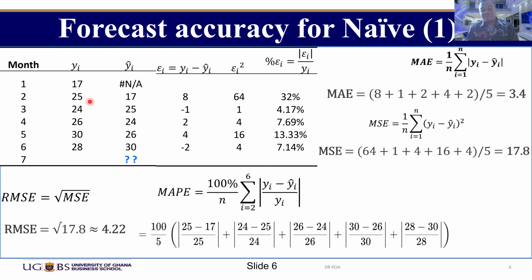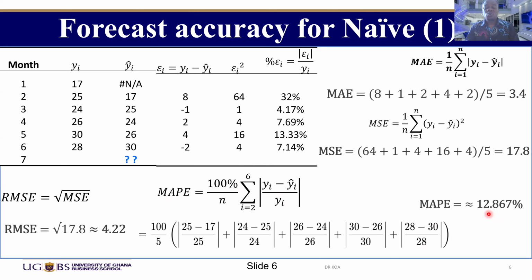You can see the actual values here. The first one is 25, the second is 24, the third is 26. So they become the denominator. Then you multiply by 100, divide by the sample size, and that will give you a MAPE of 12.867.